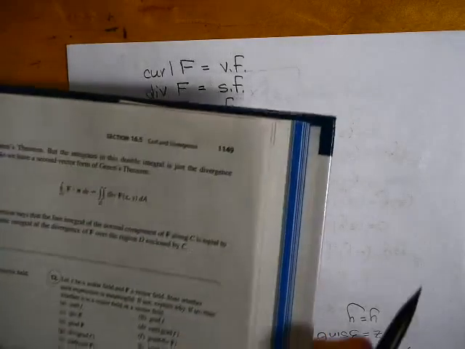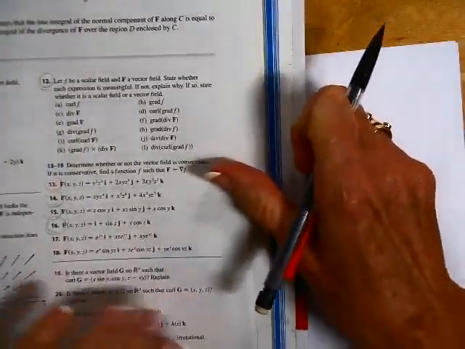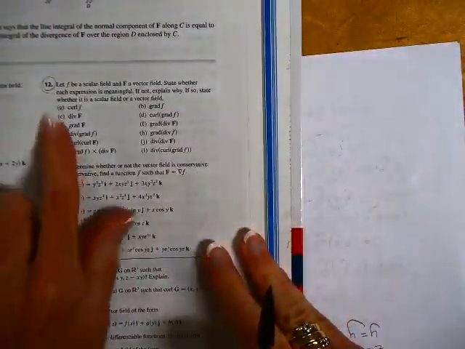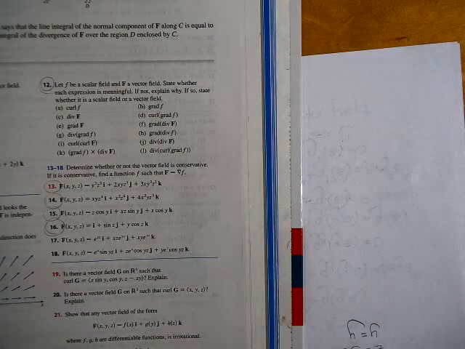You have to decide right here if this expression is meaningful or not meaningful. If it is meaningful, tell whether you get a scalar field or a vector field when you calculate it. Does that make sense?